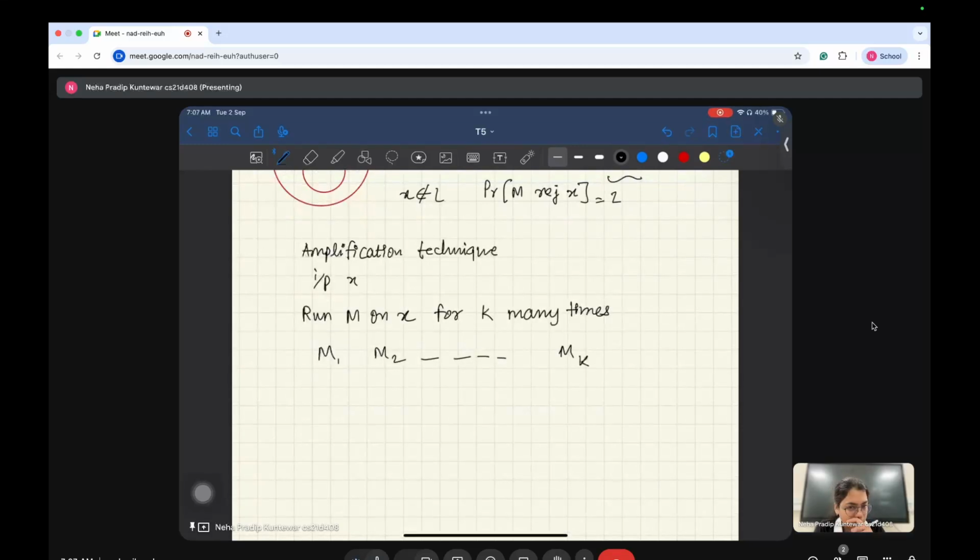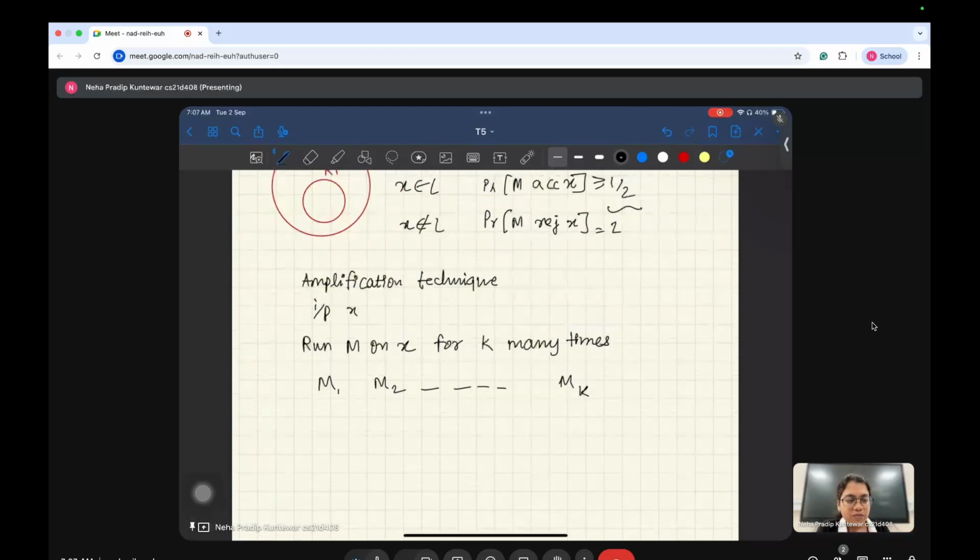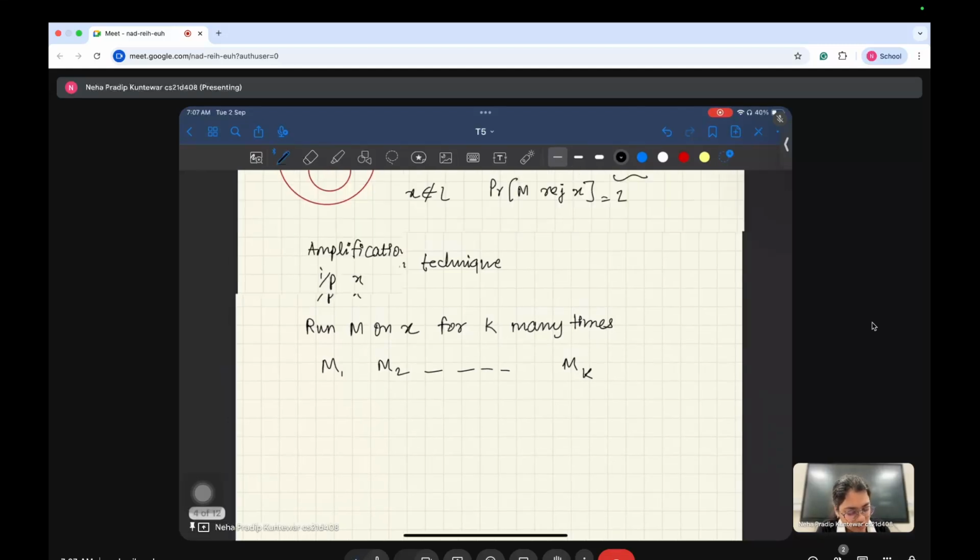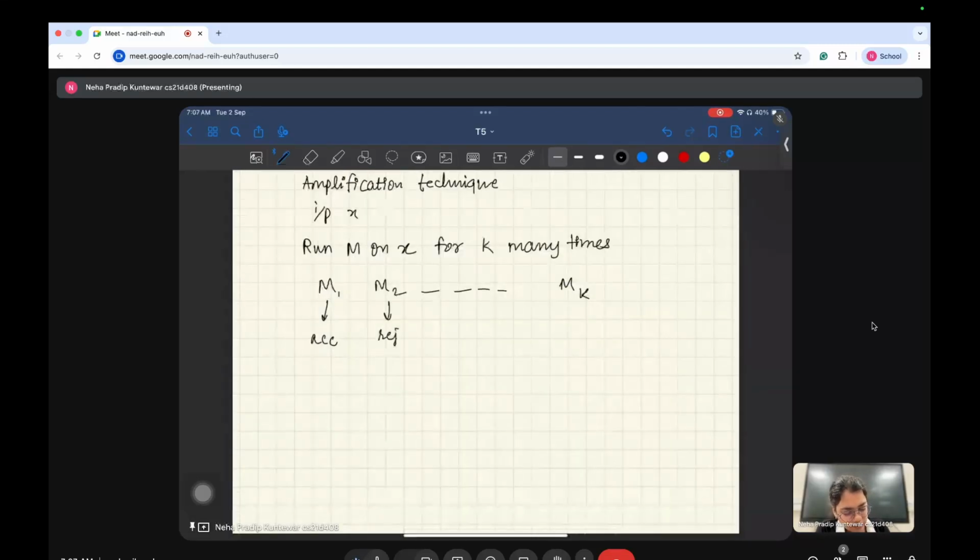We run the same machine M on the same input x, k many times. Because the machine is probabilistic, on the same input it may accept x, it may also reject x. So let's say it accepts here, rejects here, then accepts, and accepts.